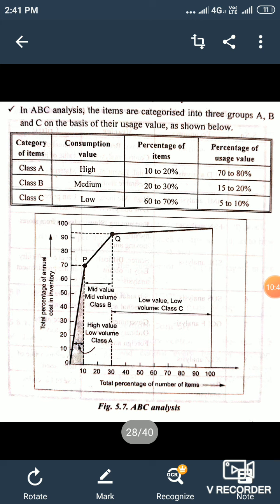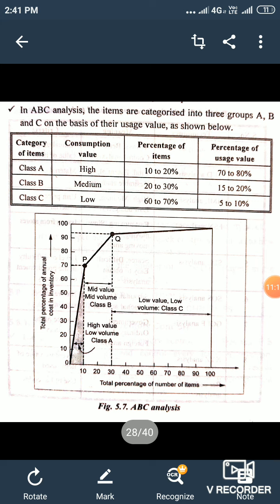Next, C class items. These are low valued items and large in number. Some of them are washers, clips, pins, etc. These are large in number but low valued items.